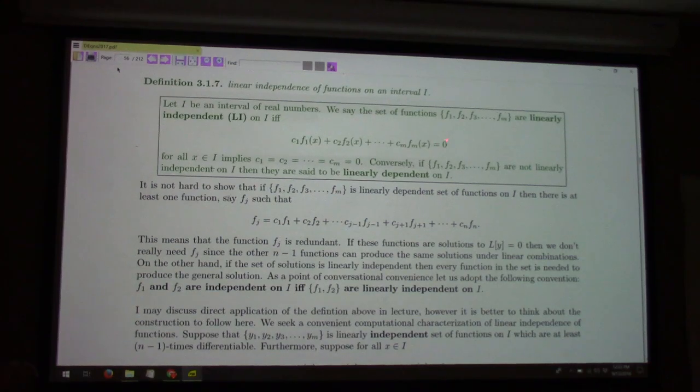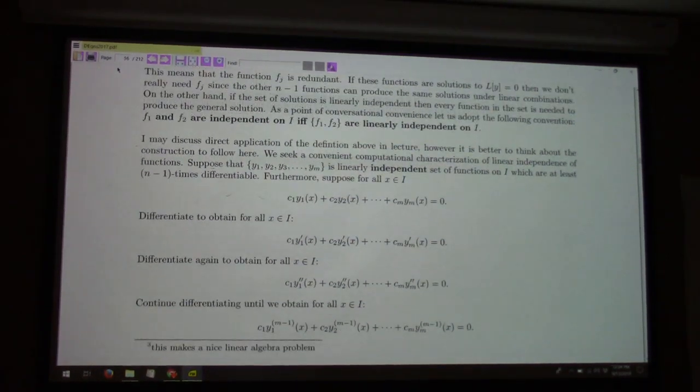You can solve this equation for one of the f's. You can express some jth function as a linear combination of all of the remaining functions. And that's what we mean by linear dependence. Fj is a linear combination of f1 through fn with j removed. So it's redundant, right? We've already got this function from all these ones. We don't really need it. We can throw it out. It's linearly dependent. It's not what we want. We want independent functions.